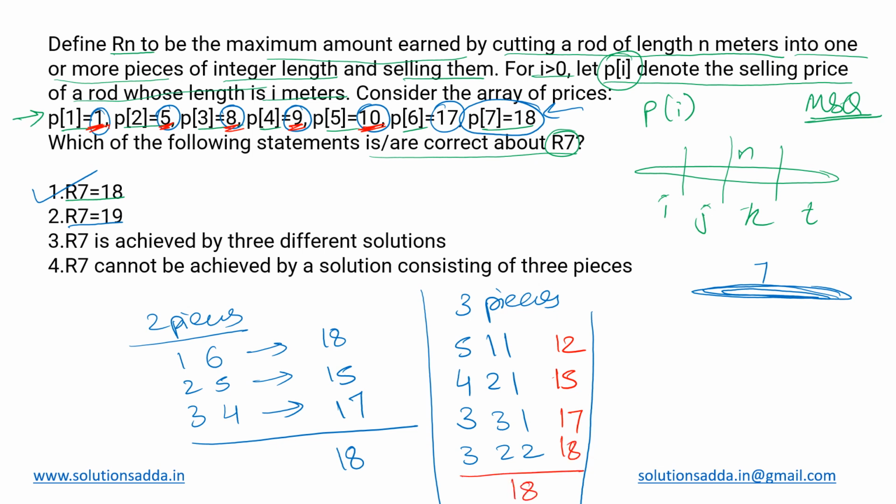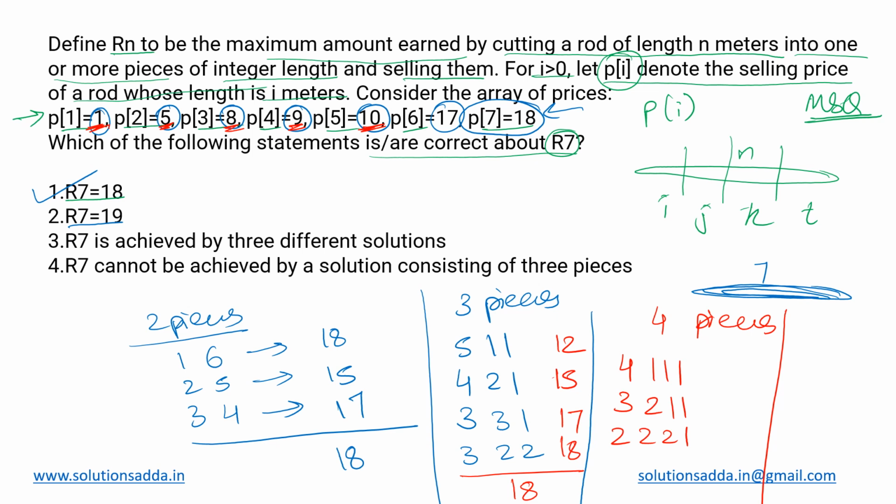Now if we think about going for 4 pieces, then here the combinations we will be getting are 4 1 1 1, then 3 2 1 1, then 2 2 2 1, and there is no other possibility we can have.